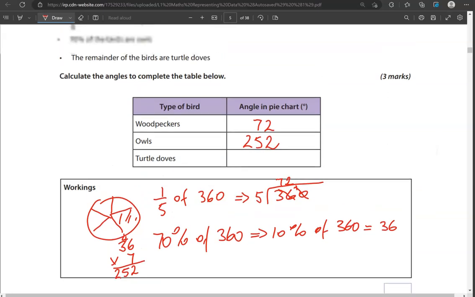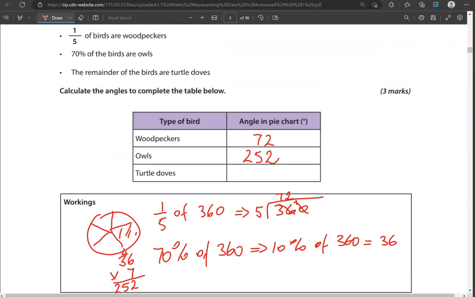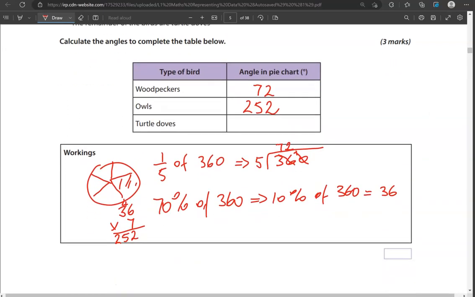And finally, the remainder of the birds are turtle doves. So what we're going to do is add 72 and 252. So 4, 12, 2 down, 1 carried over. So that is 324 degrees we have already.